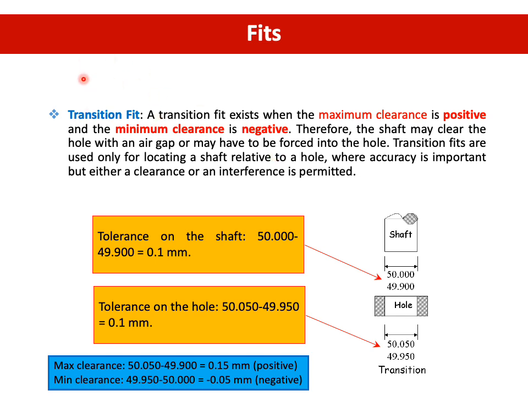So actually, a simple explanation is that the transition fit can either be a fit or not a fit. Sometimes it can be a fit because the maximum and the minimum allow it, but sometimes it can't be a fit, because the tolerances between the maximum and minimum are different.